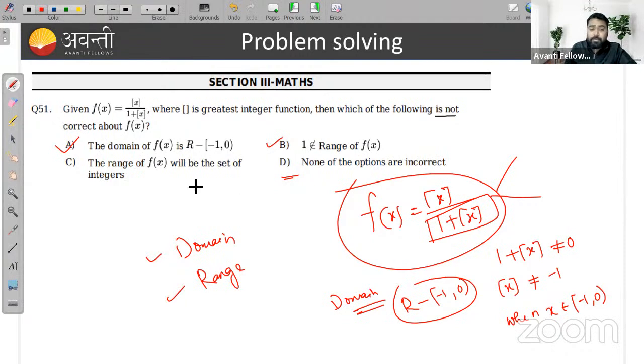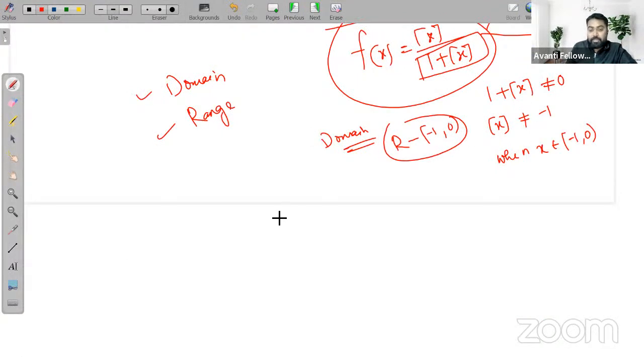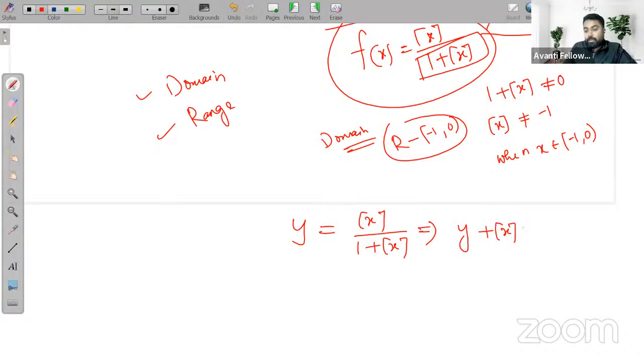What is the range of this function? How can we find the range? The first method is to write the function as y is equal to greatest integer of x upon 1 plus greatest integer of x. Then cross multiply. After cross multiplying, we get y plus greatest integer of x into y is equal to greatest integer of x.